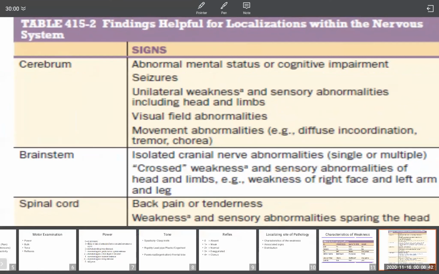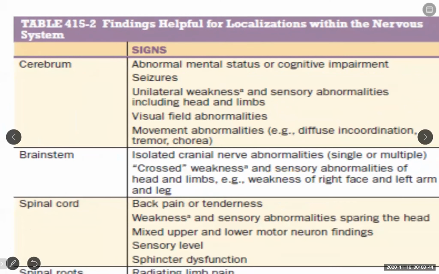Okay, so cerebrum. Whenever there's a weakness, the pathology doesn't focus on targeting only one particular system. It tends to be in that location, but it damages things in and around it. So when you think about cerebrum, you think about higher mental functions, okay? And you think about visual functions, speech and things like that. And even the extrapyramidal system, the basal ganglia, is all associated with the cerebrum.